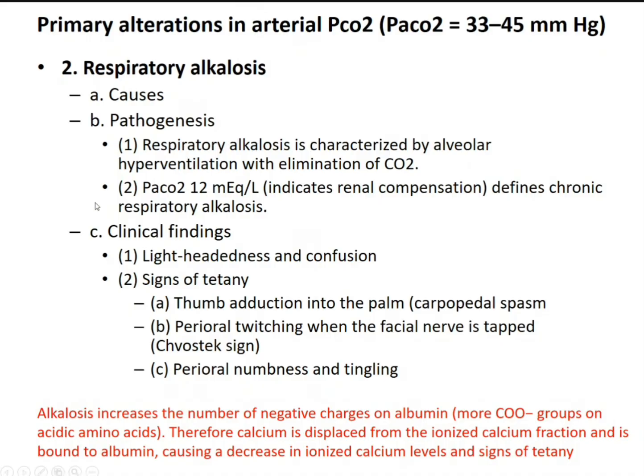So basically, it is written here, alkalosis increases the negative charge on albumin, and because of this, the calcium gets displaced from the ionized fraction and it gets bound to albumin. So you have less of free ionic calcium that leads to tetany. So if you measure total calcium, it will be normal, but ionized calcium will be less in respiratory alkalosis.